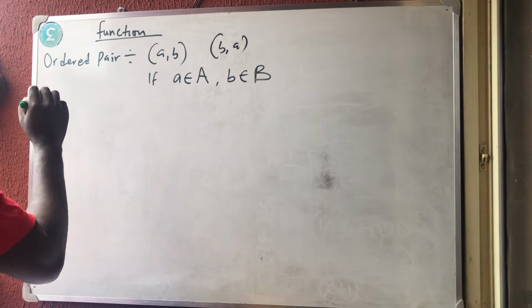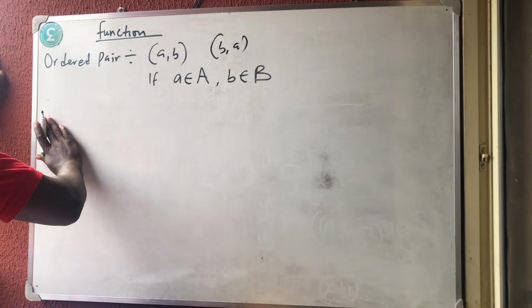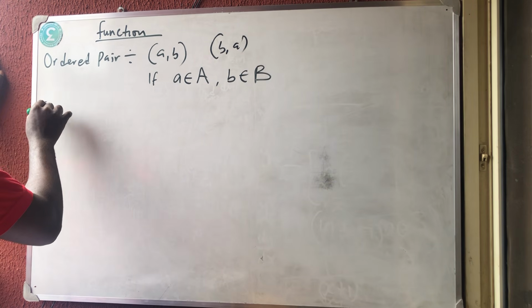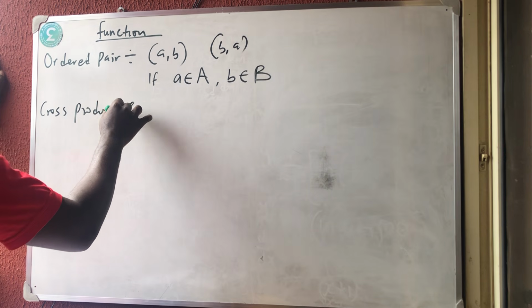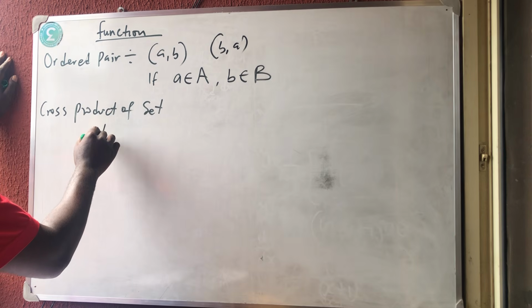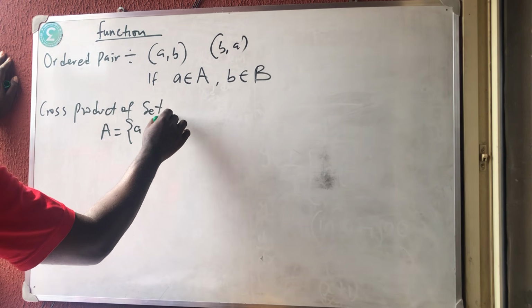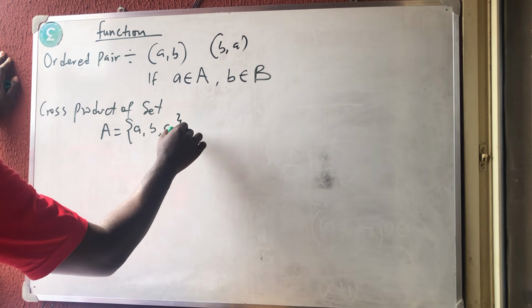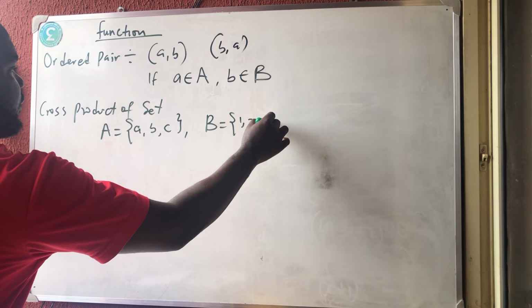So the next thing we will talk about is cross product of sets. For example, let me show you what I mean by that. Let me say set A is equal to A, B, C, and set B is equal to 1, 2, 3, 4.